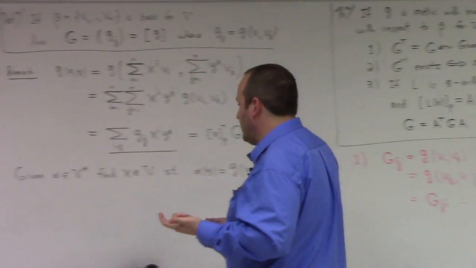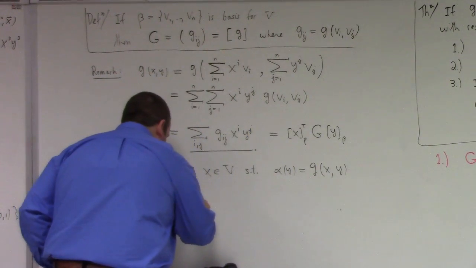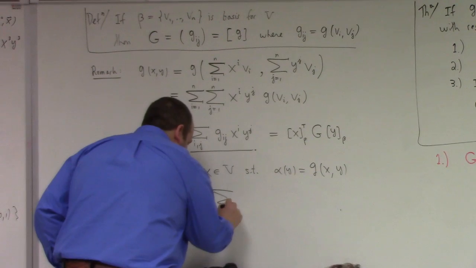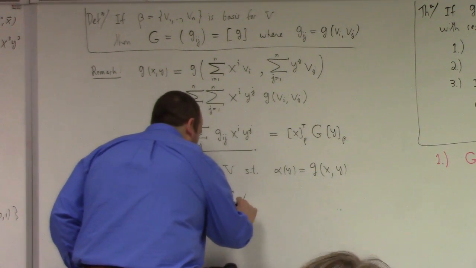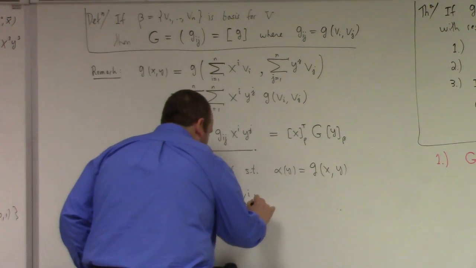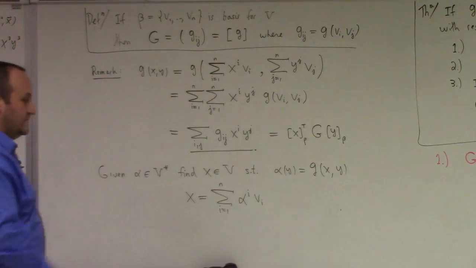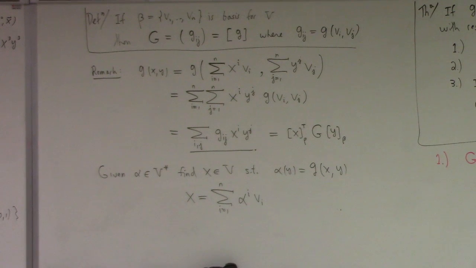You can calculate x. Here's what x is: x is equal to the sum, i equals 1 to n, of alpha upper i, v lower i. This is exactly the vector you're looking for.